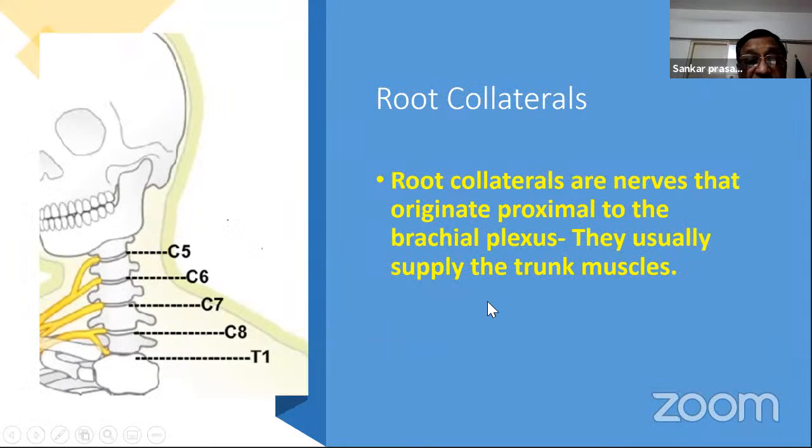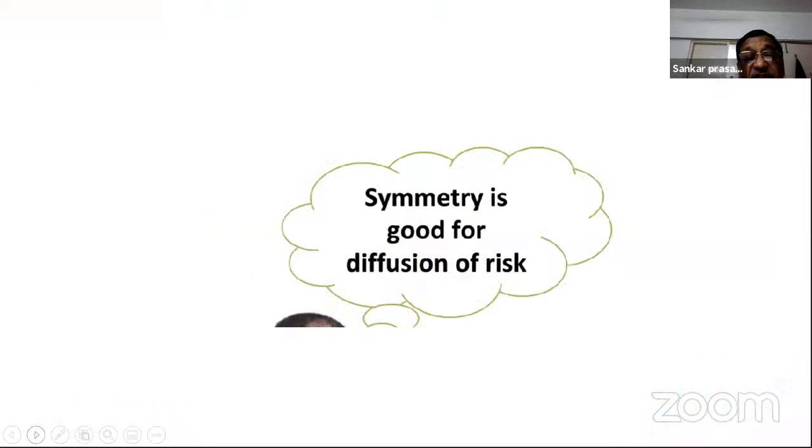There are some called root collateral nerves. Root collaterals are nerves that originate proximal to the brachial plexus, and they usually supply the trunk muscles also. So involvement of the root collateral muscles will help us in localizing the lesions, which we will discuss.